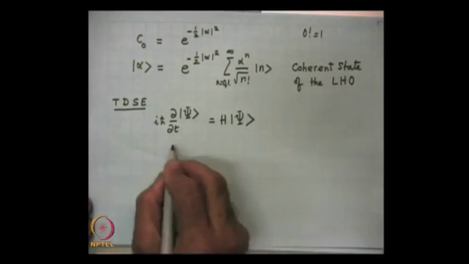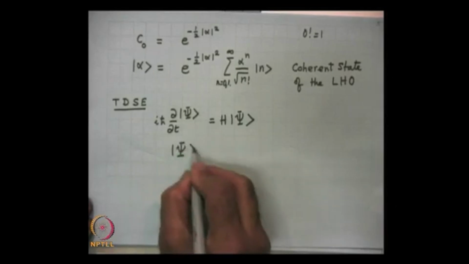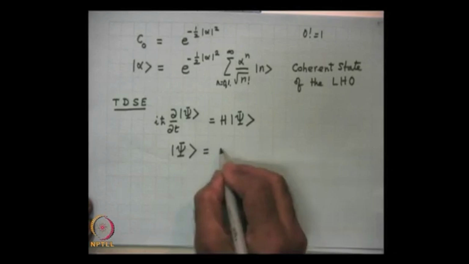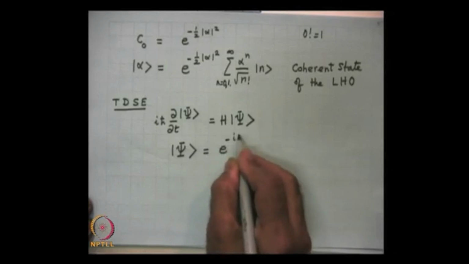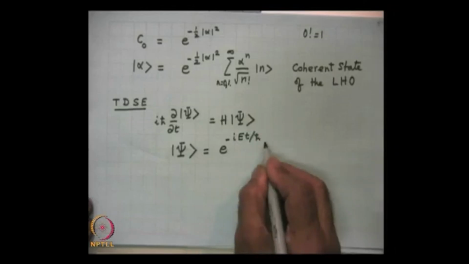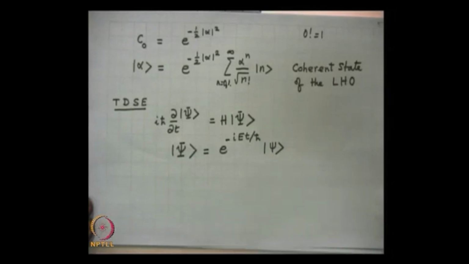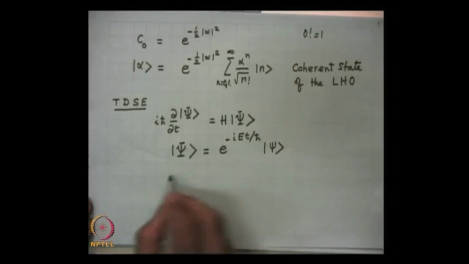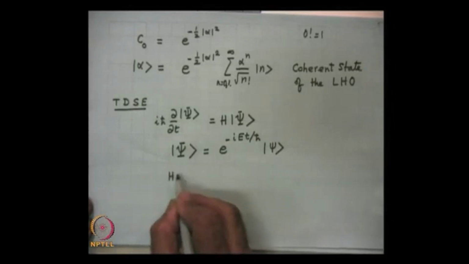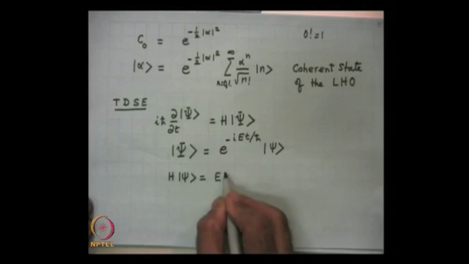So, if I assume a solution, as we did, that separates the time part, e to the power of minus i E t by h cross times small psi, let us suppose, where this does not depend on time, then one can easily show that H psi will be equal to E psi.